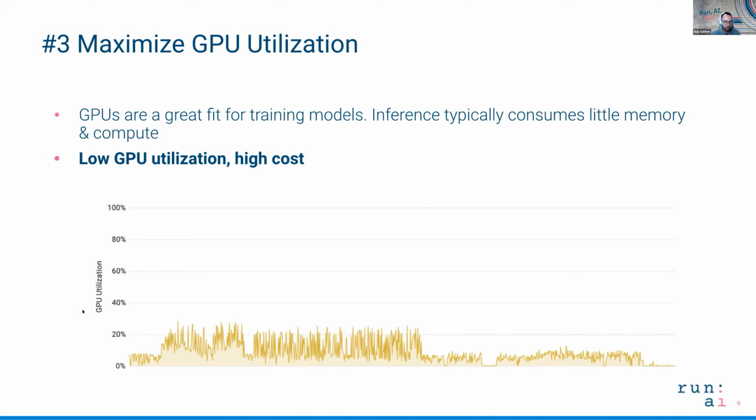We're talking about somewhere between 20 and even 15 or 10% utilization of the GPUs. And this is a real shame. It also translates to a very high cost because these GPUs are very expensive. If only 20% or 10% is being utilized, 80 or 90% of this very expensive GPU is going to waste. So that's a big problem, and it can be a very significant one.